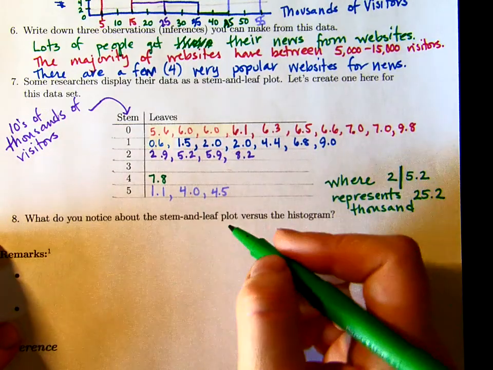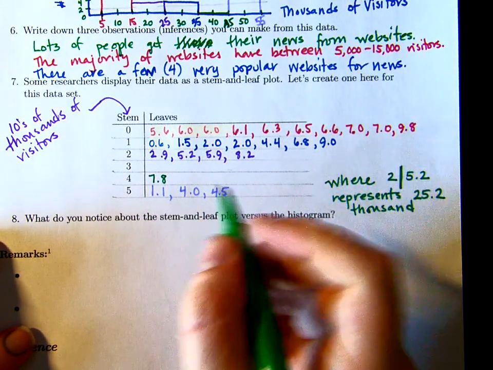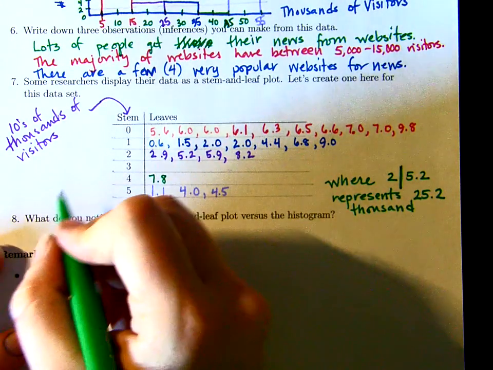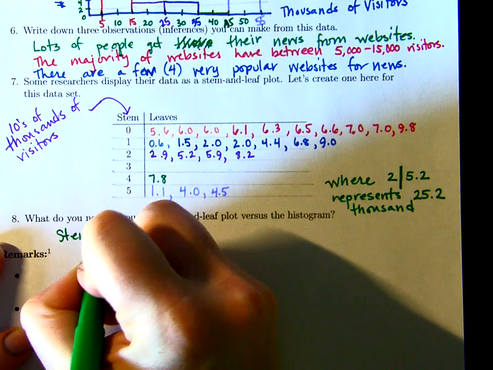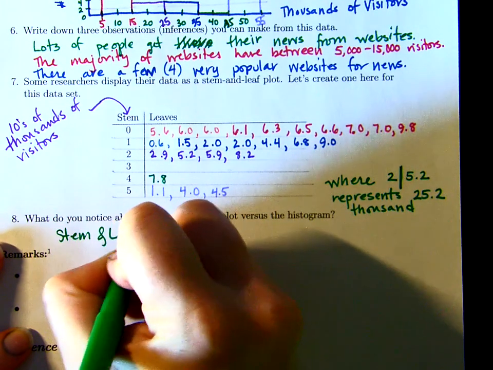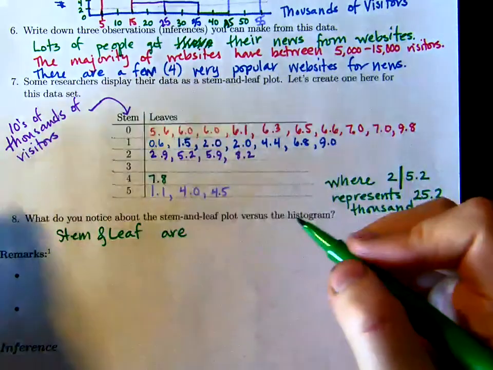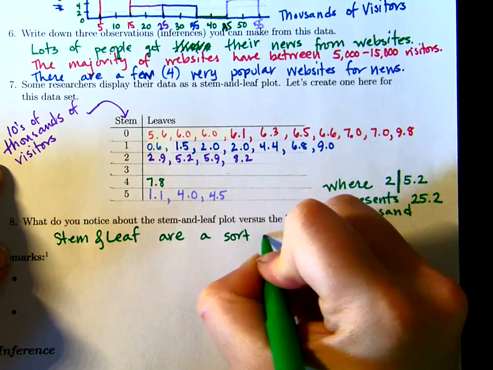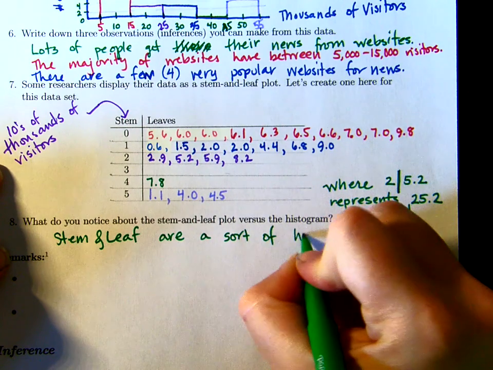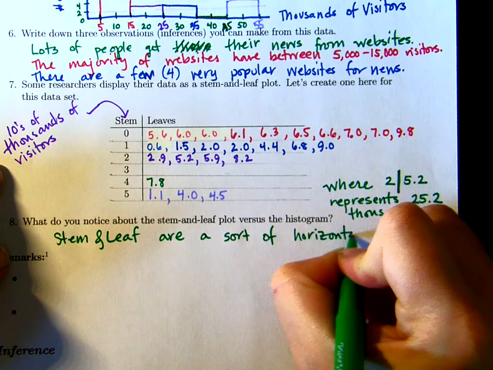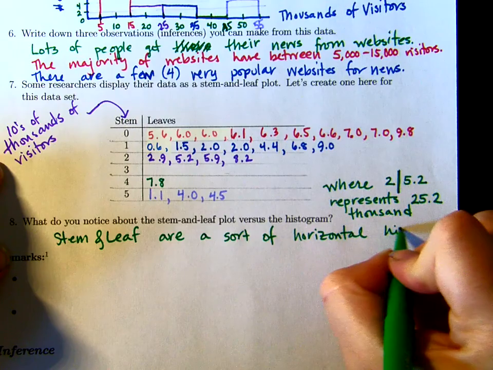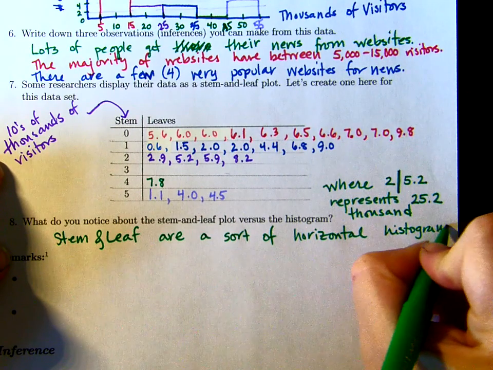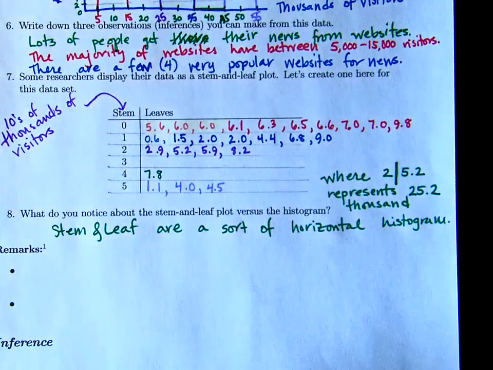So these stem and leaf plots are sort of horizontal, kind of, in a way.